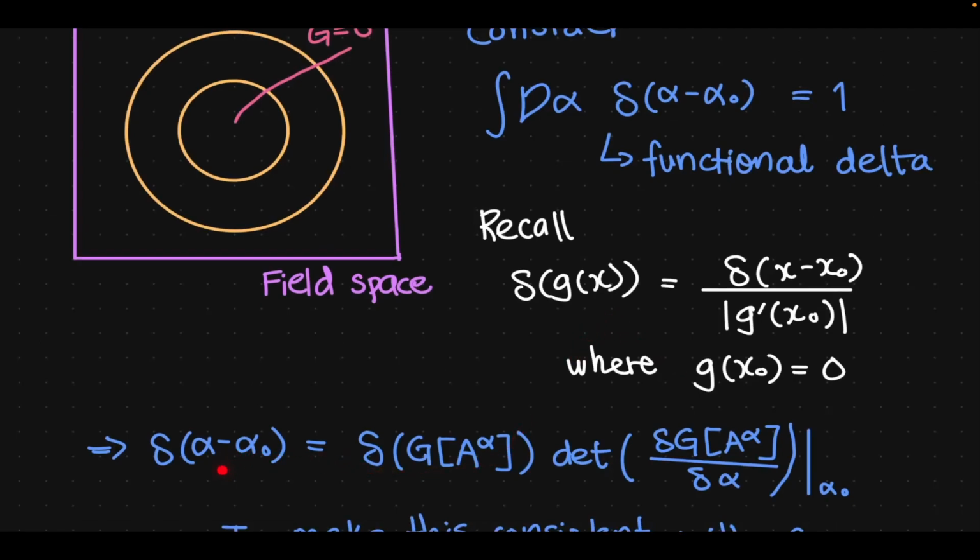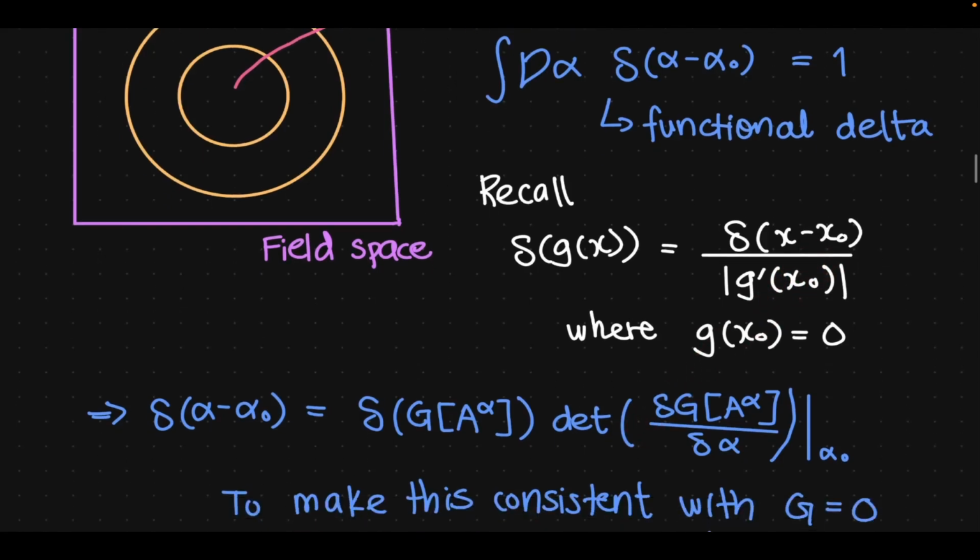So we get delta of alpha minus alpha naught equals delta of g. So we're introducing the capital G, the gauge function now. G of A to the alpha, determinant. This was the single variable case. This is the multivariable case. And since G is a functional, we have to take the functional derivative.